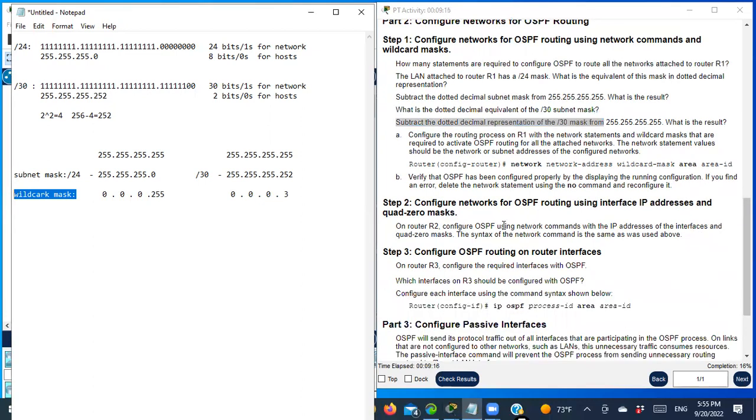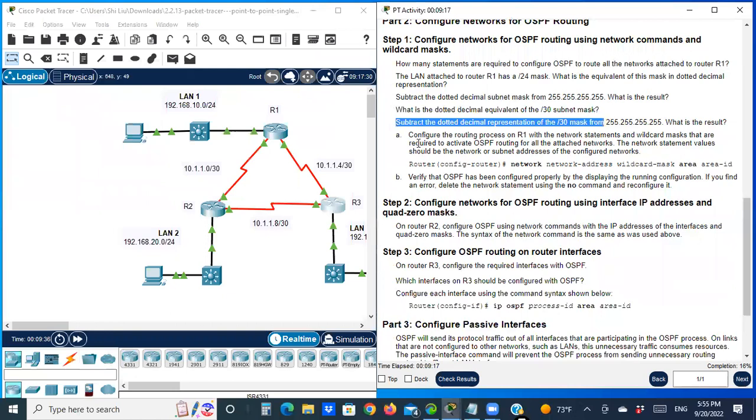Okay, now let's start to configure. Configure the routing process on R1 with the network statements and the wildcard masks that are required to activate OSPF routing for all the attached networks. The network statement values should be the network or subnet addresses of the configured networks.